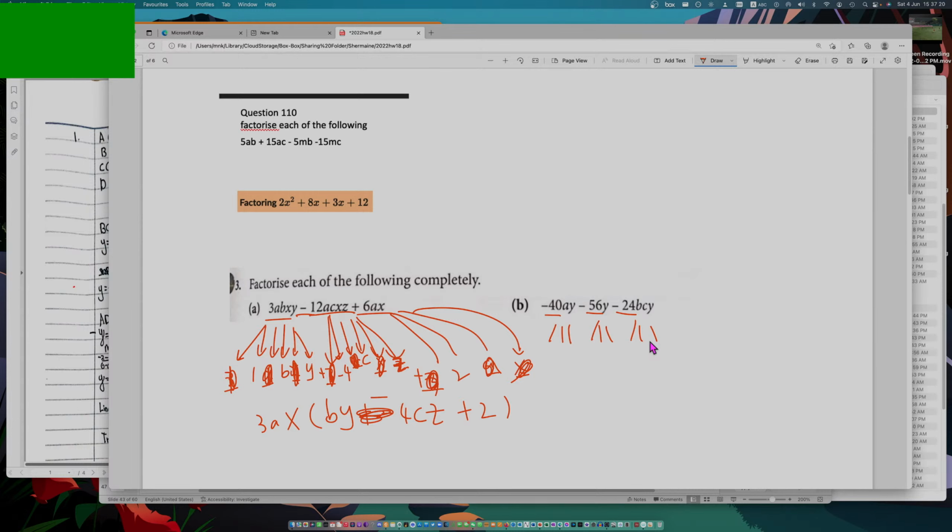Okay, so if you don't know what to do next time, you read the question. What question is this? Factorize. When you see the word factorize, the technique is split into elements. Okay? Continue.